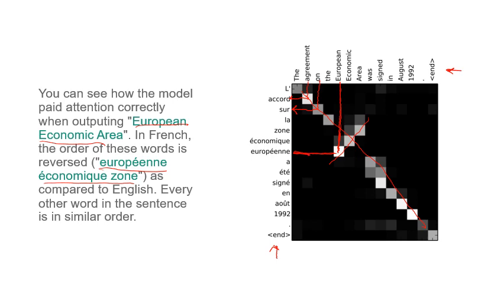It didn't give high attention to zone, because if it were the same pattern, it should have attended to zone, but it didn't. It attended to European. And the same for economic here, which attended to this word in French. So it did the correct thing, and it increased the performance of these models greatly.